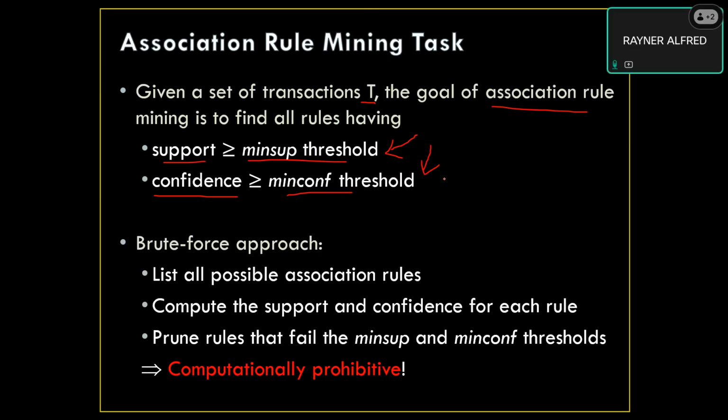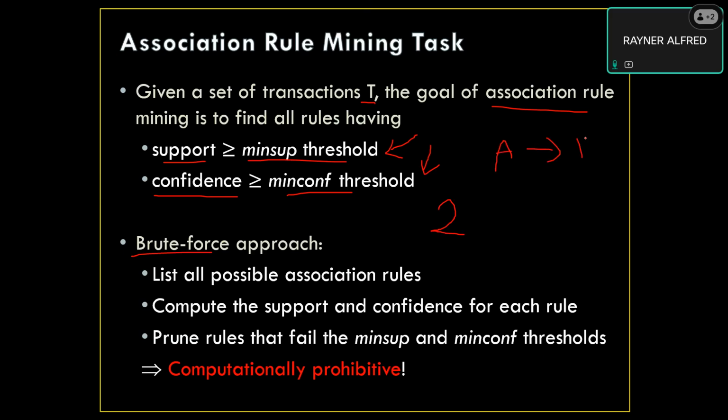So how do we find the rules or the combination of items? The first thing we can do is try all possible combinations of items. If we have two items, we have A and B only.